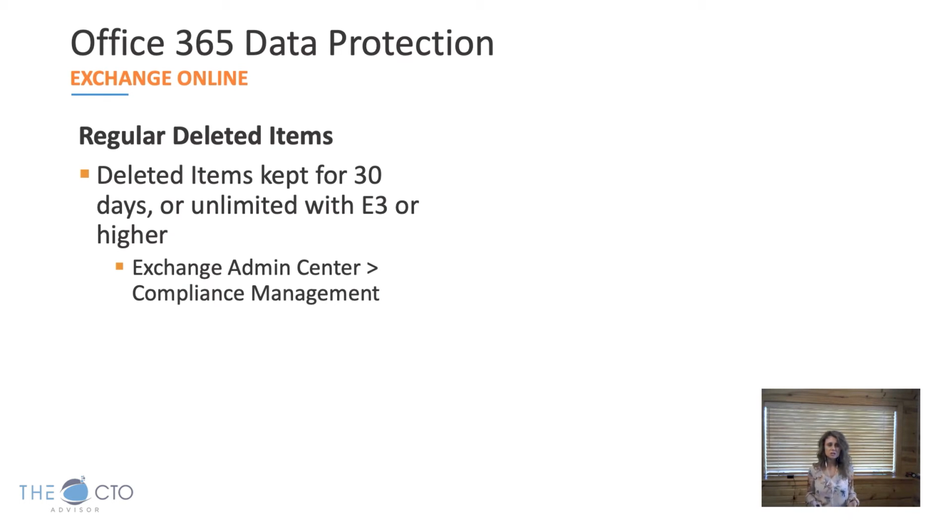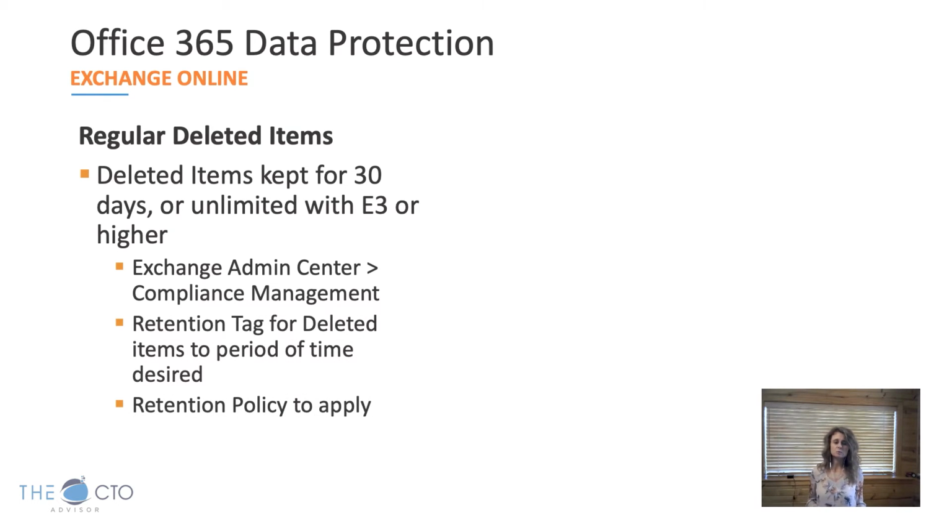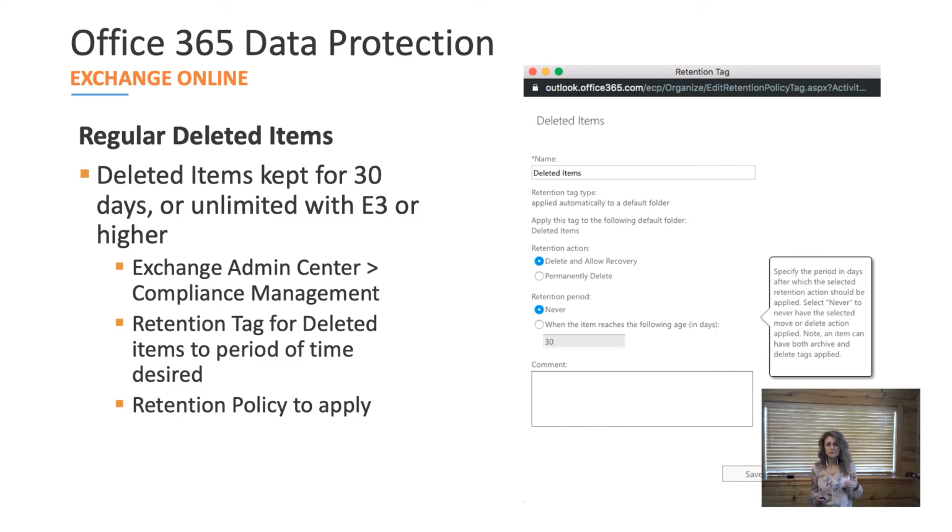You're going to go into the Exchange Admin Center, go to Compliance Management, and you're going to configure two elements. You're going to configure a retention tag for deleted items and a retention policy. And this is going to help you keep your E3 and up subscriptions at an unlimited level or whatever retention you'd like to set in place. And we do that through two screens.